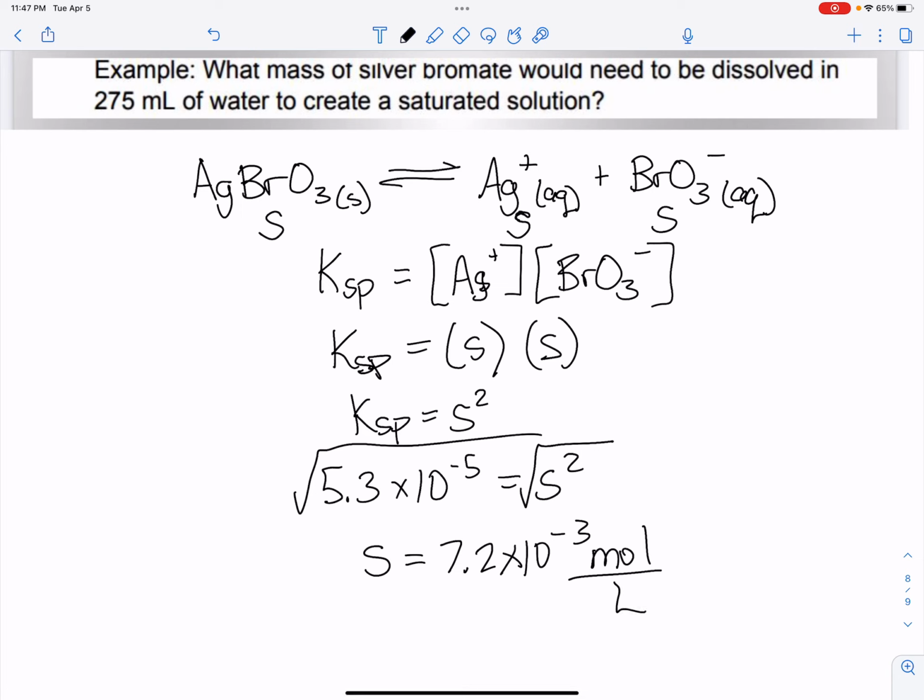Now the question isn't quite done yet, because now I have molar solubility, but it's asking for the mass of silver bromate. It's asking for what mass of silver bromate would need to be dissolved in 275 milliliters of water. So again, we're going to need to do just a little bit of stoichiometry here.